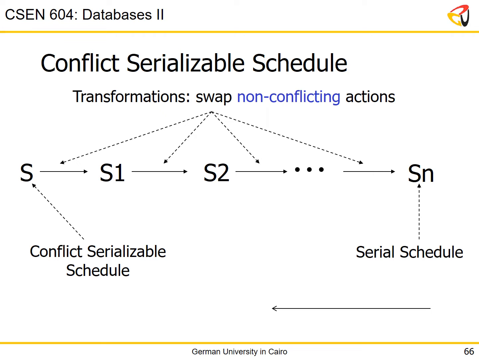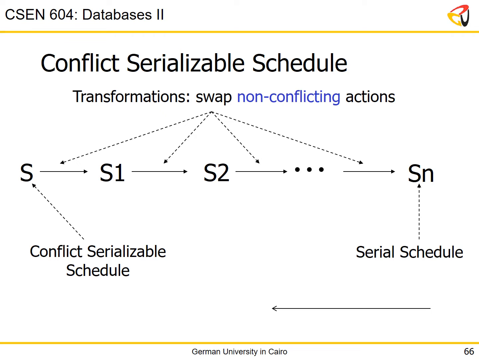It will put the reads and writes, T1 first, followed by T2, followed by T3, or T3 first, followed by T2, followed by T1, and then swap non-conflicting steps until there are no further things to swap. And then it will run this as a conflict serializable schedule.